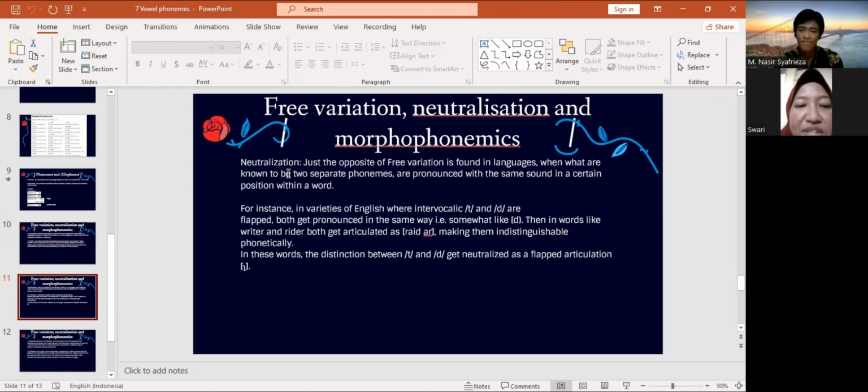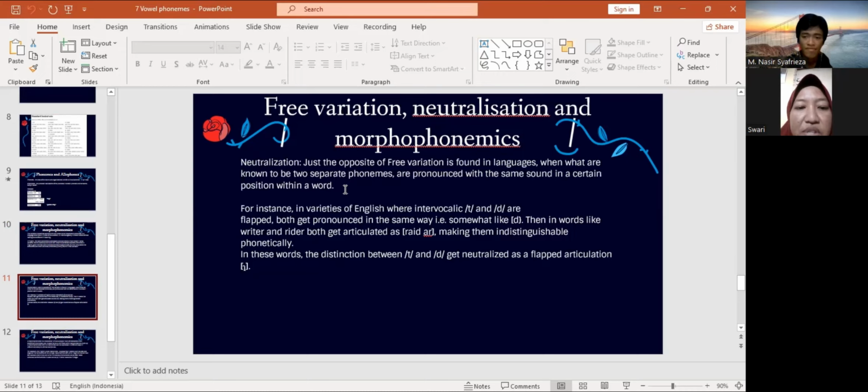Neutralization. Just the opposite of free variation, it is found in languages when two sounds known to be separate phonemes are pronounced with the same sound in a certain position within a word. For instance, in varieties of English where intervocalic T and D are flapped, both get pronounced in the same way. So T and D sound the same.